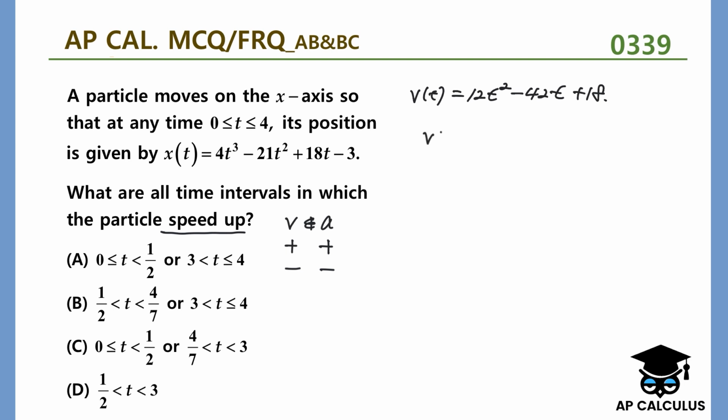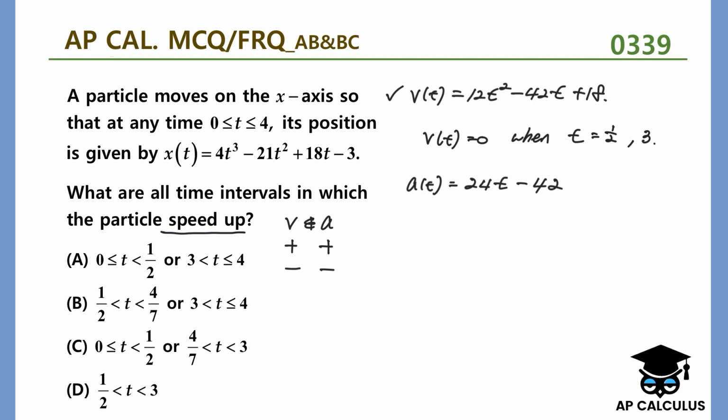So velocity was equal to 0 when t is equal to 1/2 and 3, right? Now let's find the acceleration. Acceleration is the derivative of the velocity, right? So we're going to differentiate this function right here. That's 24t minus 42, right?